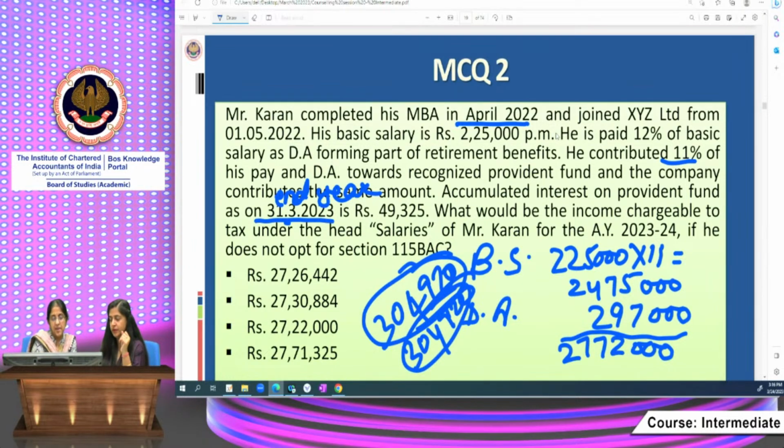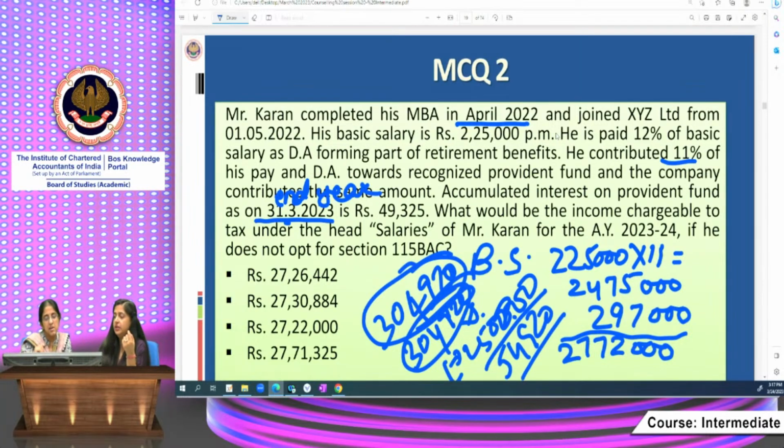Okay, fine. But the maximum which is not taxable is what? For an employer, it is only 2,50,000. So what will be the amount which is taxable? 304,920 is what the employer has contributed. 2,50,000 is the maximum which is not taxable. Beyond that, it gets taxed. Minus 2,50,000, 54,920.